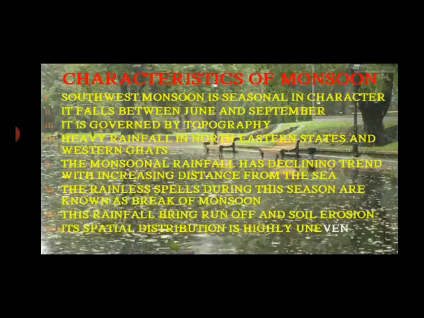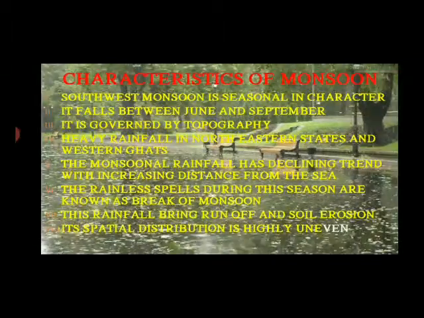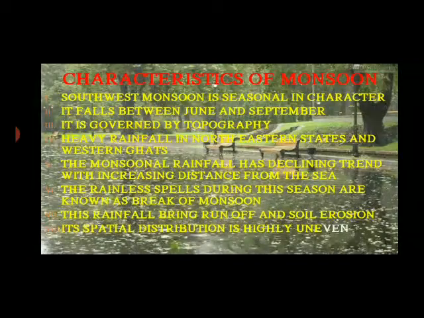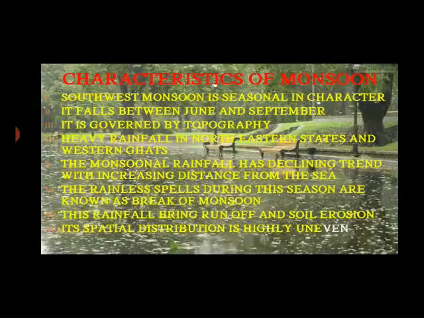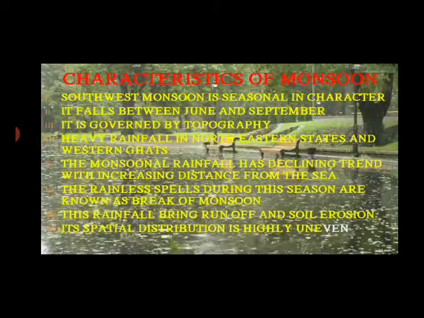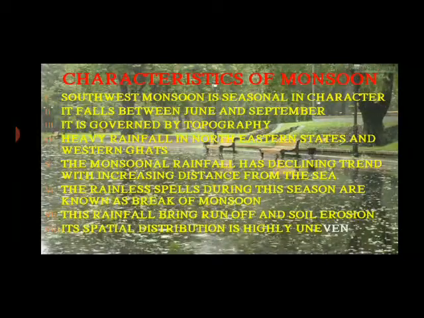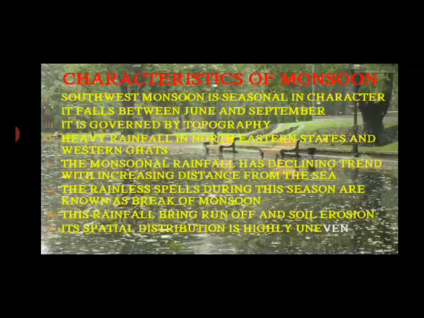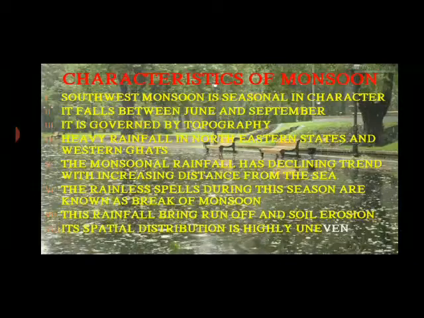The monsoonal rainfall has a declining trend with increasing distance from the sea. The rainless spells during the season are known as the break of monsoon. This rainfall brings runoff and soil erosion in the country. Its spatial distribution is highly uneven in the country.